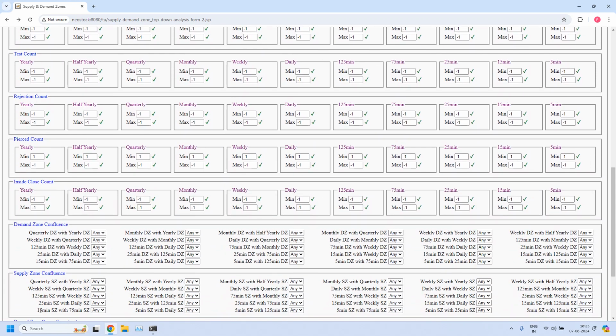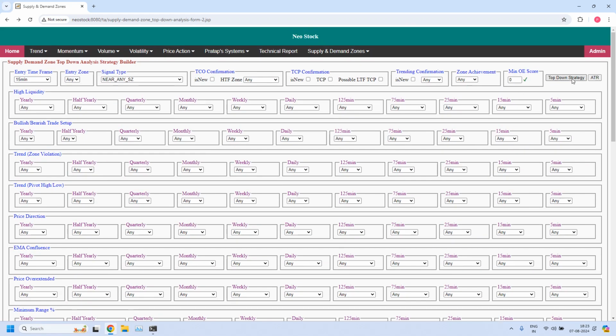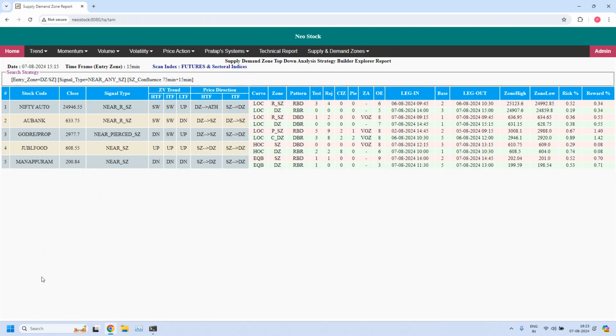So here 15 minute supply zone with 75 minute supply zone, I am checking the confluence. So out of 7, 5 stocks are filtered.